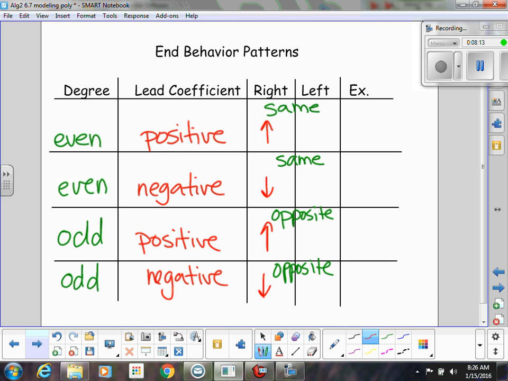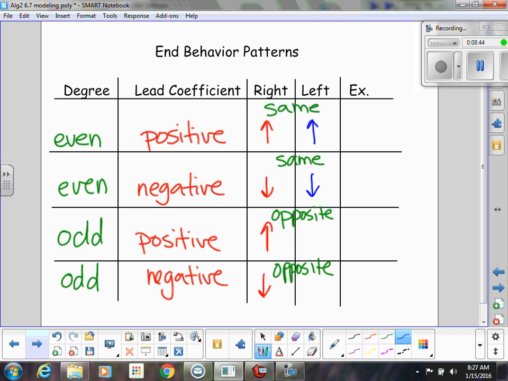In order to determine the left, we are going to use the degree. In this first one, if it's even, then the right and left do the same. So if I know that my right end is going up, then my left will also be going up. And on the second one, if it's even, then they will do the same. The right was going down, so the left will also be going down.